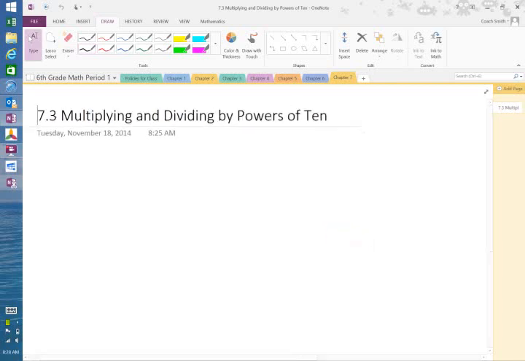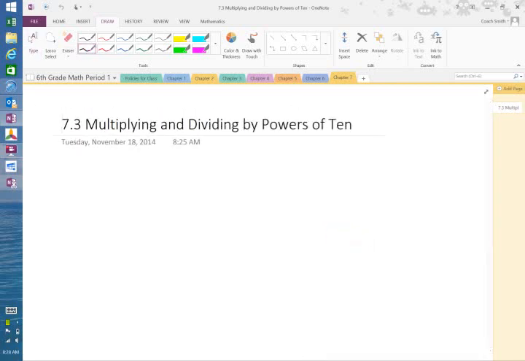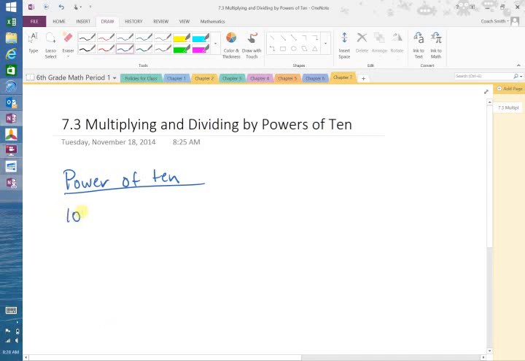Alright. Going to talk about multiplying and dividing by powers of 10 today. First of all, we need to understand what a power of 10 is. A power of 10 would be like this right here.